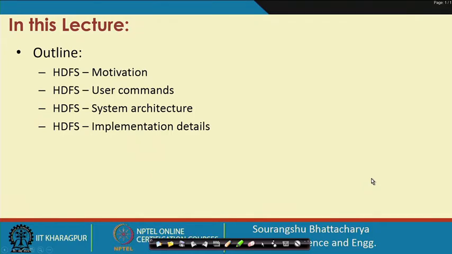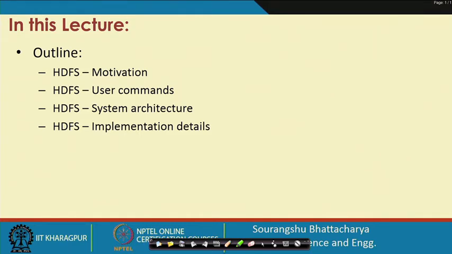In this lecture we will look at one of the components of the Hadoop system, which is the Hadoop distributed file system. First we will discuss the motivations and characteristics of this Hadoop distributed file system.